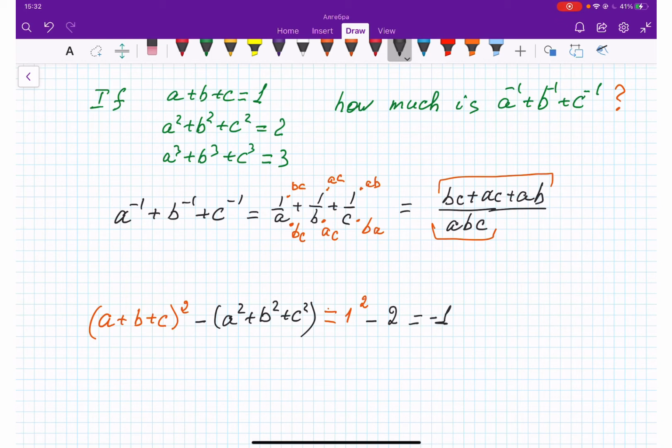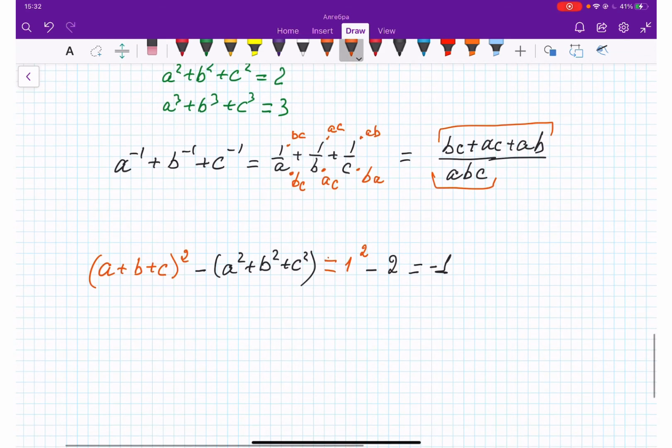Okay, now let's open a plus b plus c squared. That is equal to a squared plus b squared plus c squared, and then plus 2 times ab plus bc plus ac.